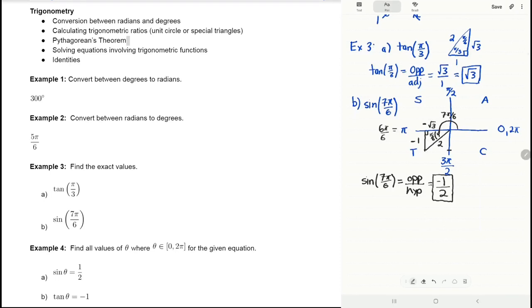Okay, so now we'll look at solving equations that involve trig.